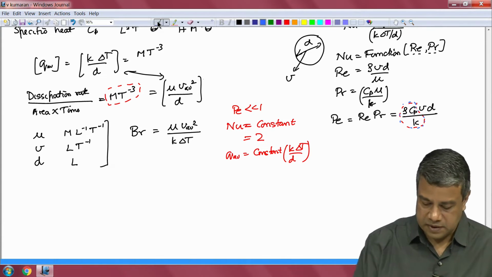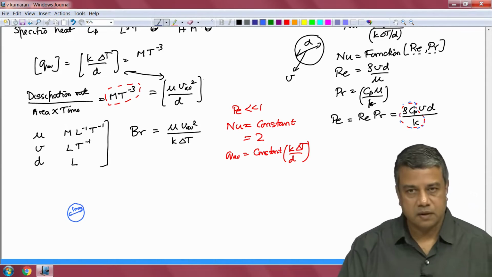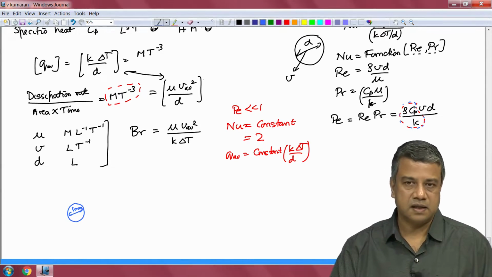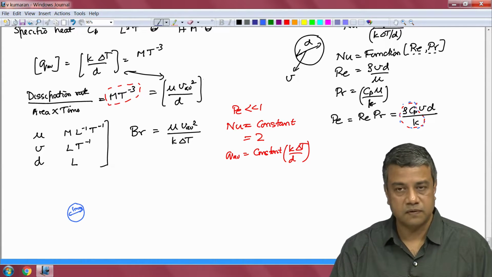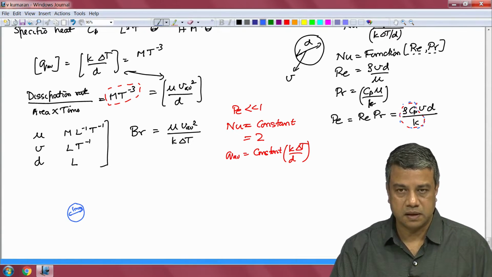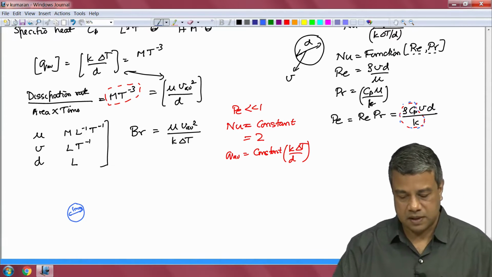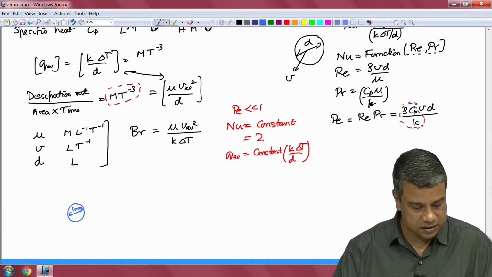For example, if I had a particle of diameter 1 millimeter, which was drying in stagnant air, so that there was no fluid velocity and there was no convective transport. And let us say, not drying, but cooling in stagnant air.